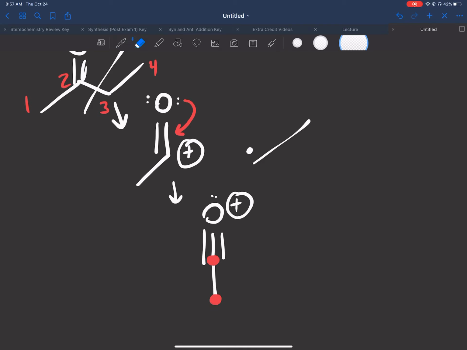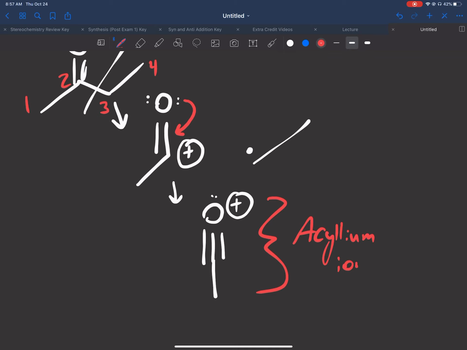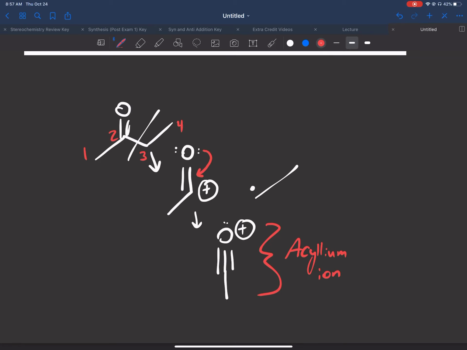That's 2. So we still have those 2 carbons, one from the original carbonyl, and then the last one from the methyl. All right, this right here is called the acylium ion.